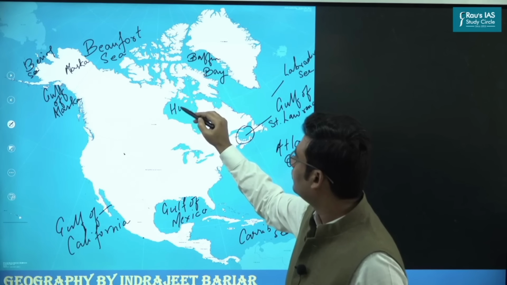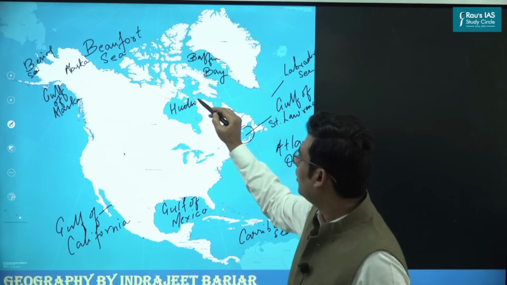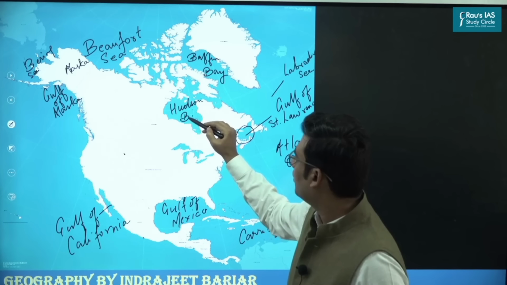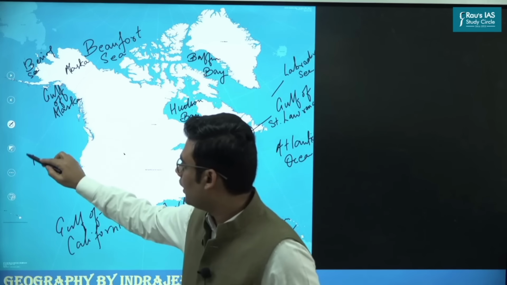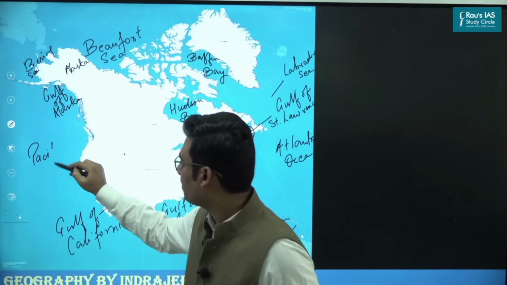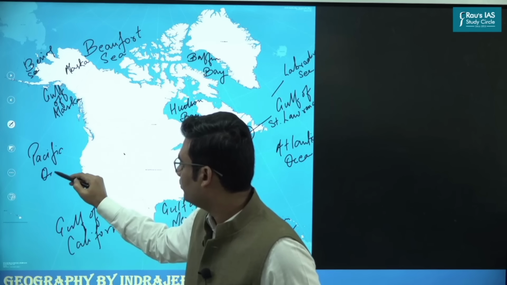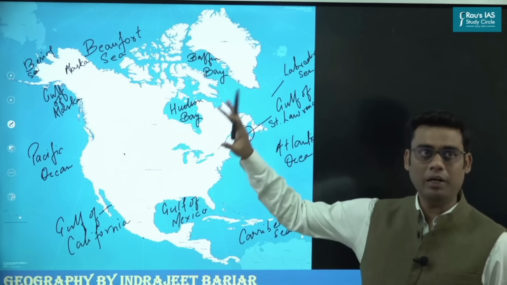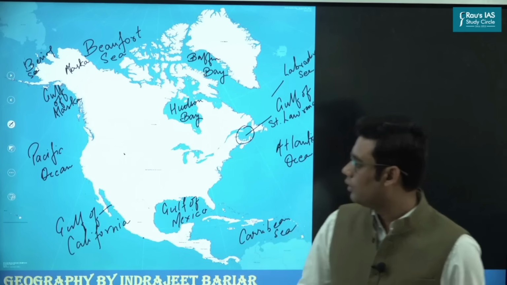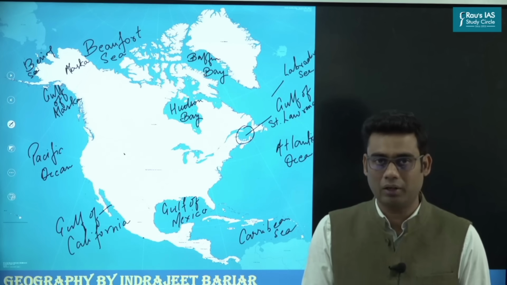We have Hudson Bay. And of course, on this side, I have the Pacific Ocean. So these are the main water bodies that surround the continent of North America.